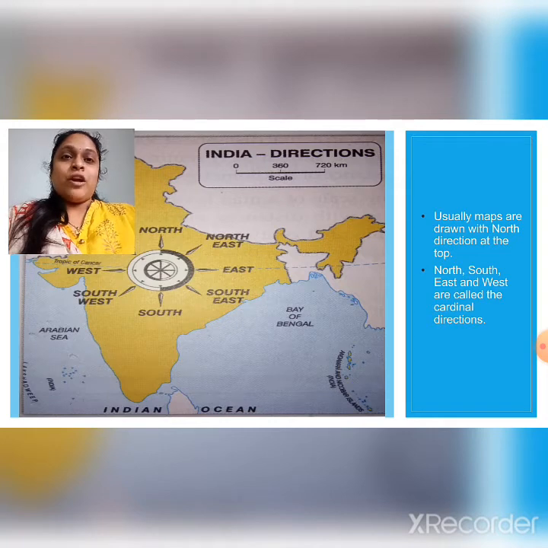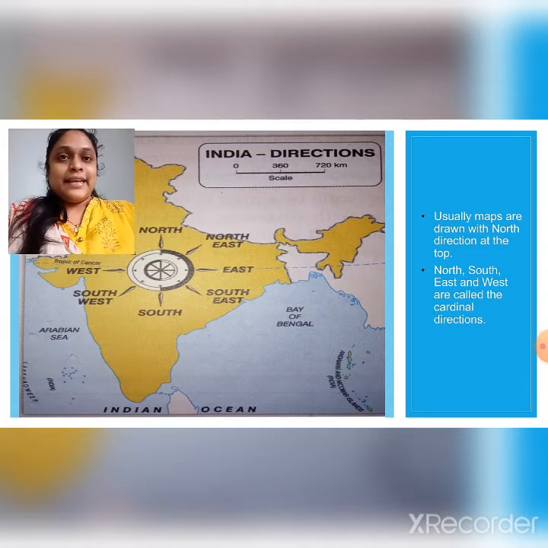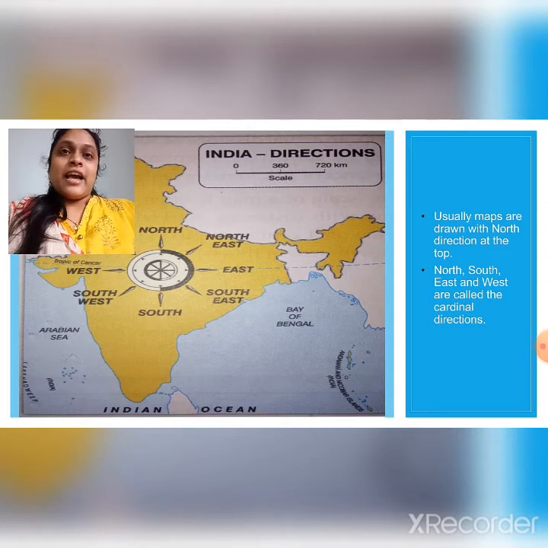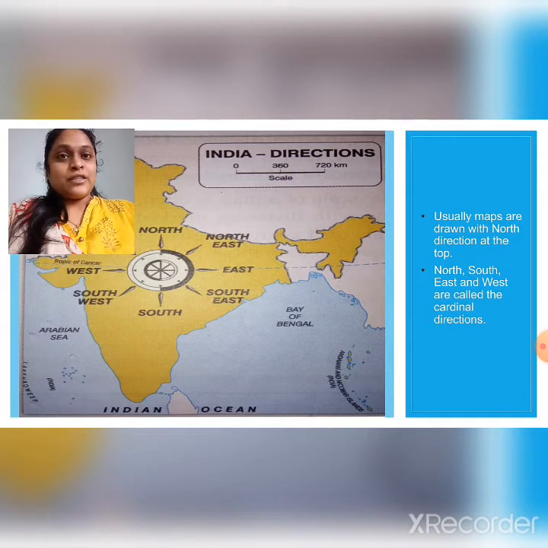Along with these four cardinal directions, we have four more directions. The direction between north and east is called northeast. The direction between south and east is called southeast. The direction between south and west is called southwest, and the direction between north and west is called northwest.